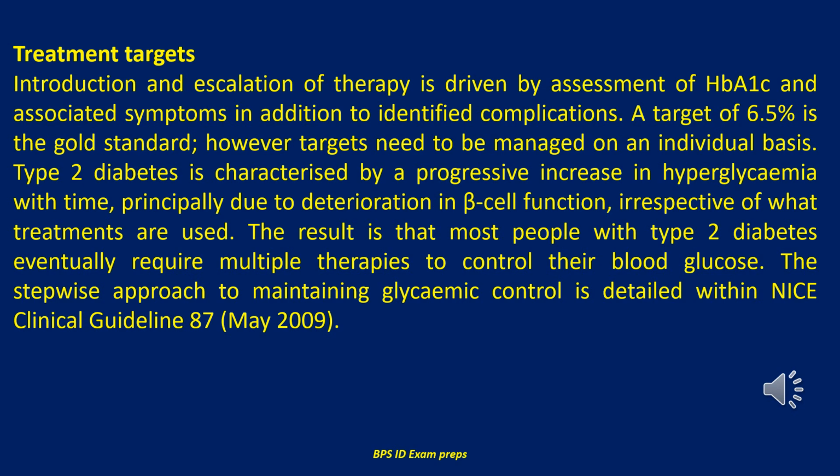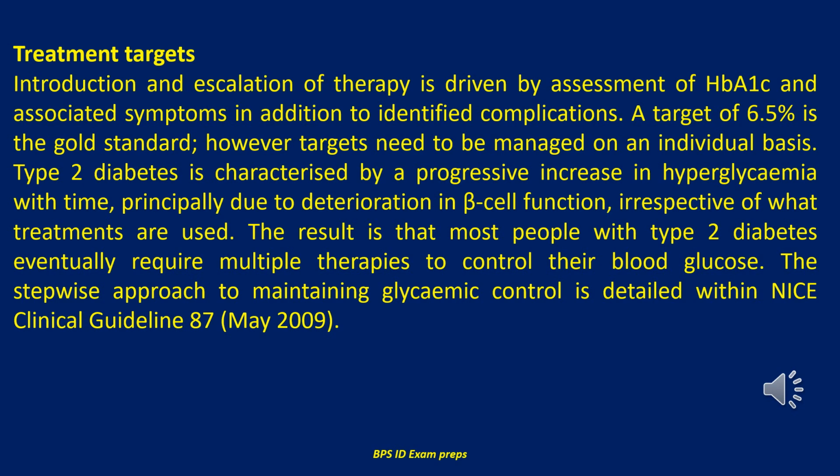Introduction and escalation of therapy is driven by assessment of HbA1c and associated symptoms in addition to identified complications. A target of 6.5% is the gold standard, however targets need to be managed on an individual basis.